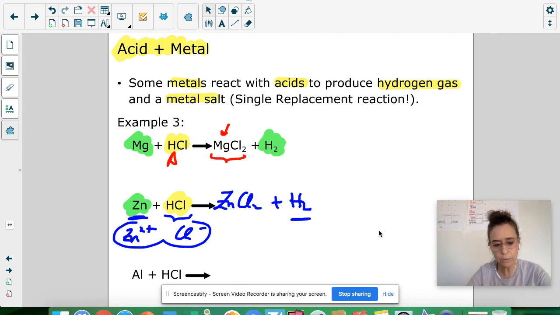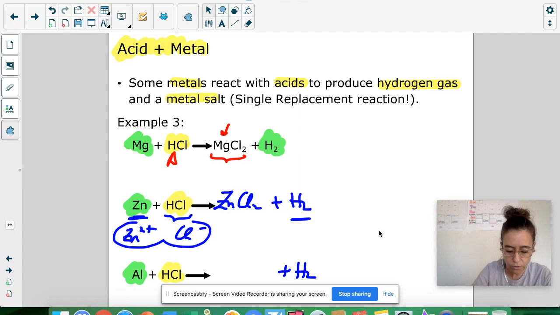So we have aluminum and hydrochloric acid. So we know that HCl is the acid, and then aluminum is a metal. So because we have a metal plus an acid, we will always form H2, always, and then the metal salt. And the metal salt is going to be the metal plus whatever is remaining from the acid when it loses the proton.